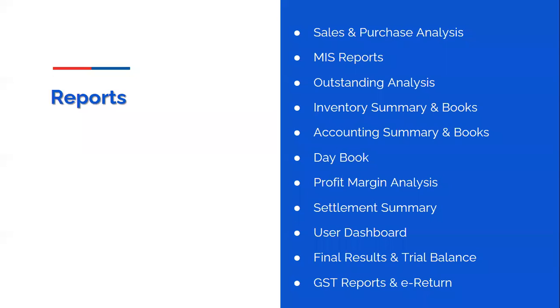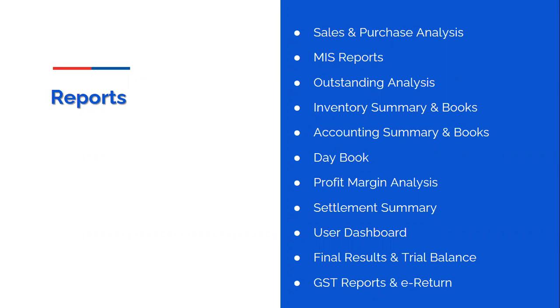Okay. If any report you don't have, you can configure the reports by yourself using the columnar report or custom column report. Clear? So thousands of reports are available. Also outstanding analysis.